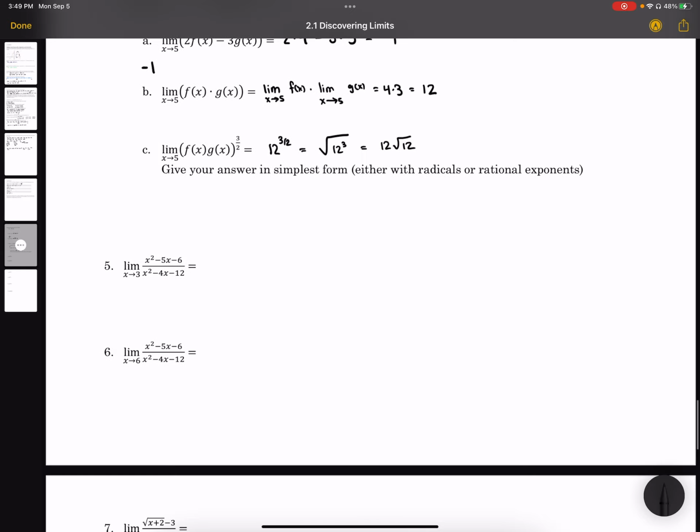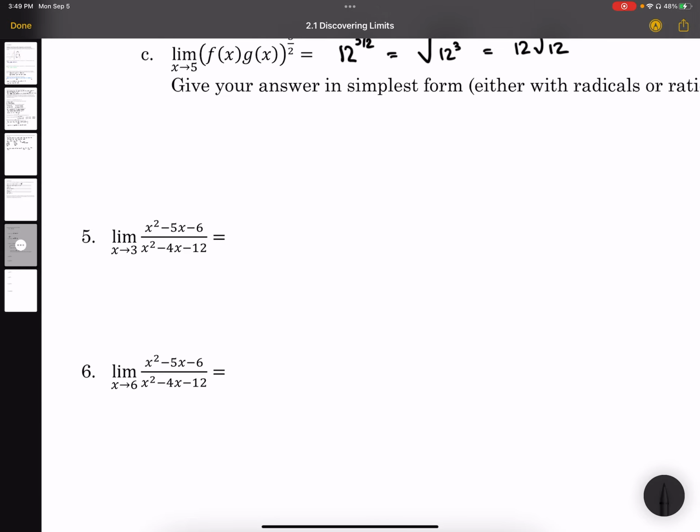For number 5, first we want to see if we can just substitute in 3. So that's going to give us 3 squared minus 5 times 3 minus 6 divided by 3 squared minus 4 times 3 minus 12.